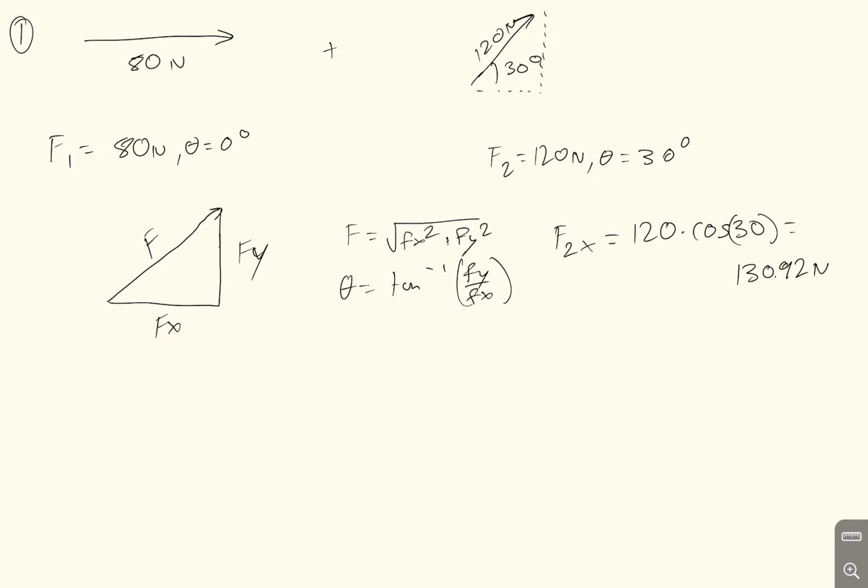And then our F2y is equal to 120 times sine 30, which is equal to 60 newtons.